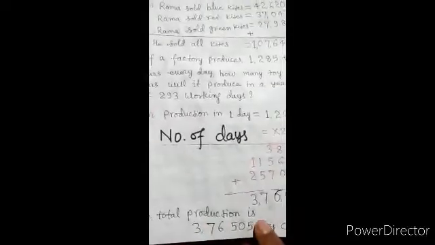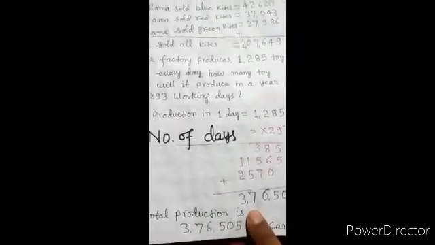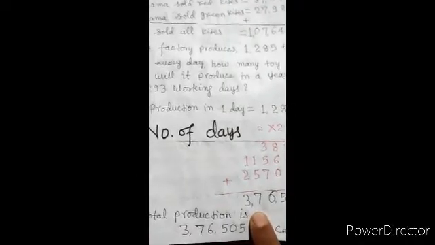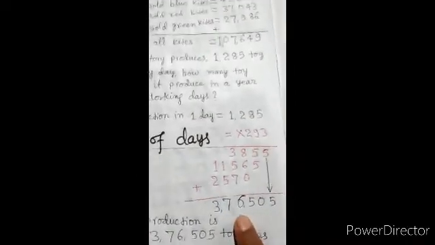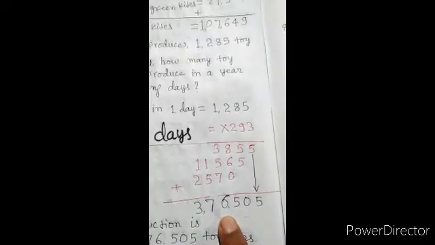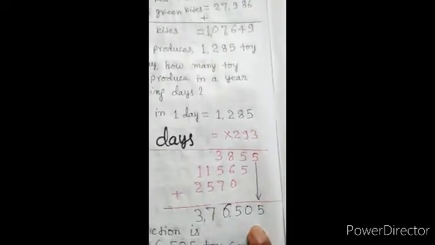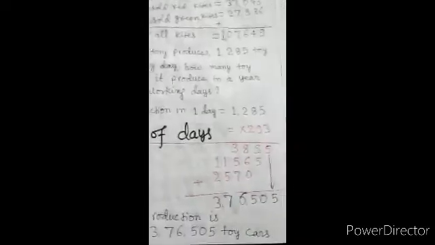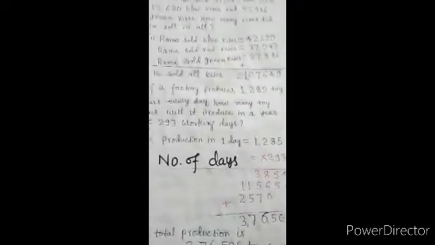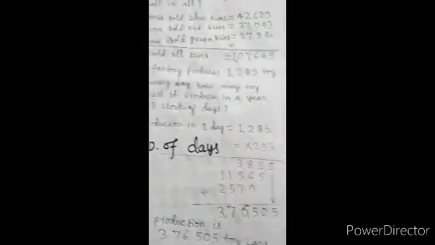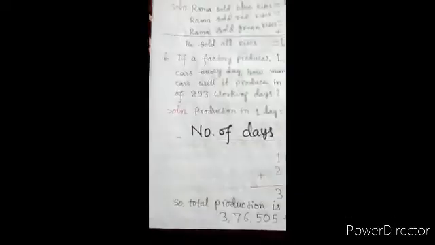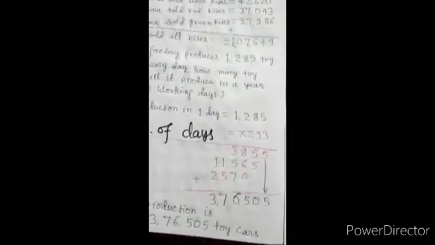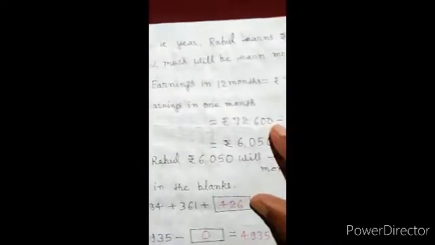So total production is 3,76,505 toy cars. This is total production in 293 days. We need to multiply here. Now take another example, that is like this.